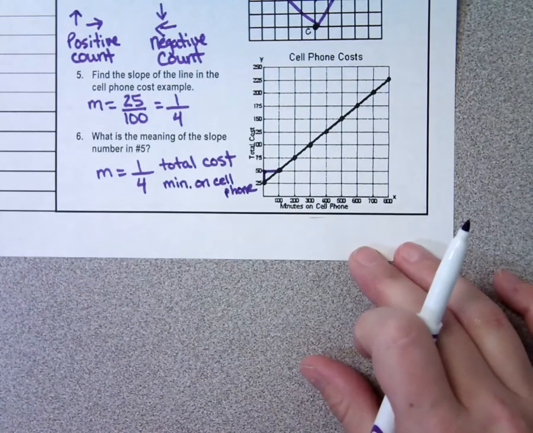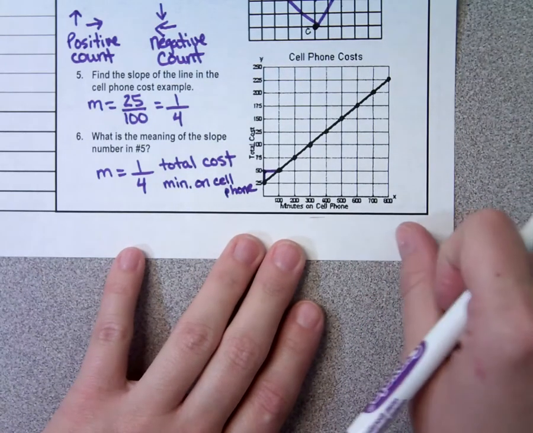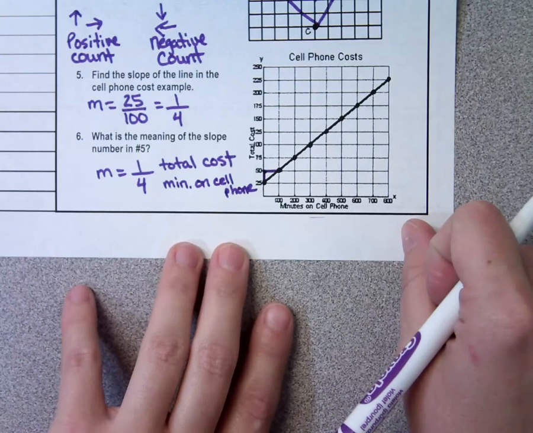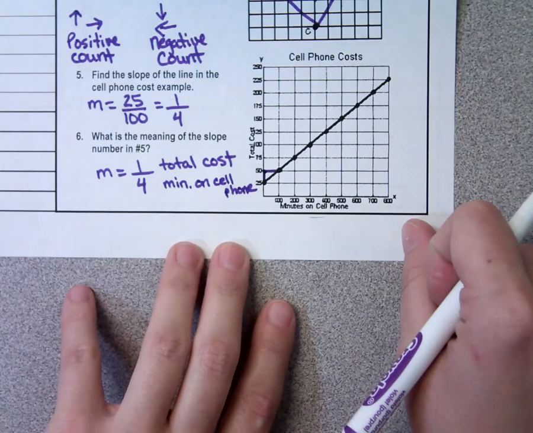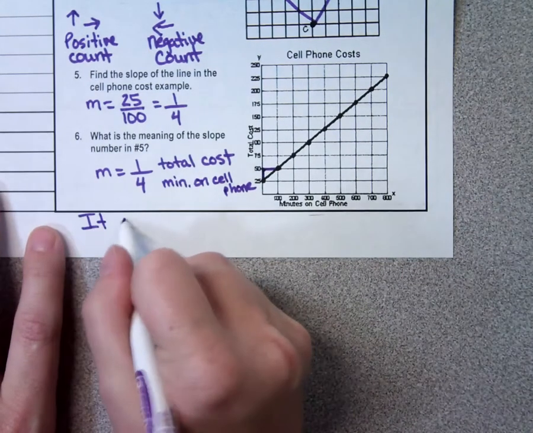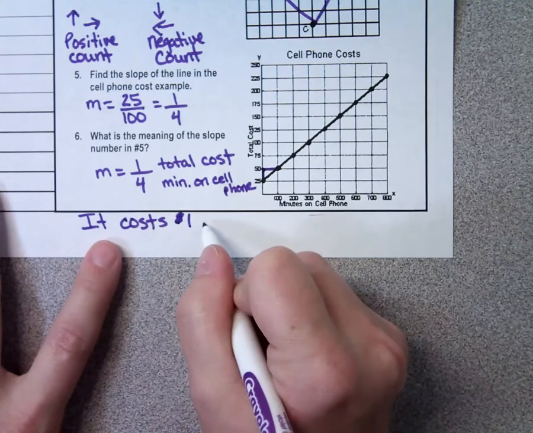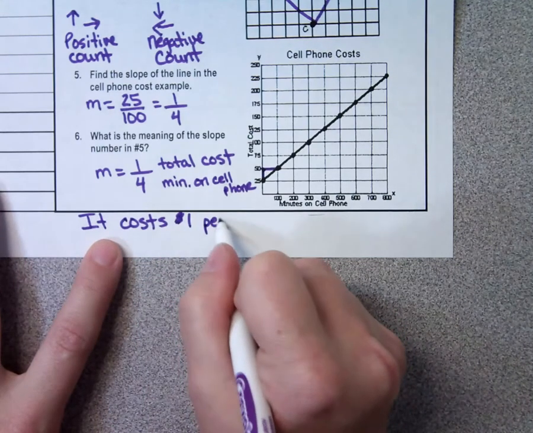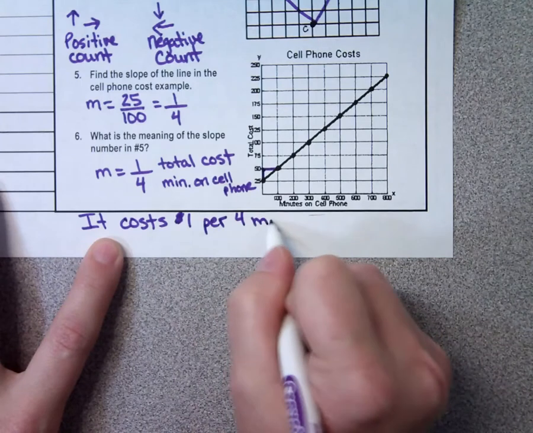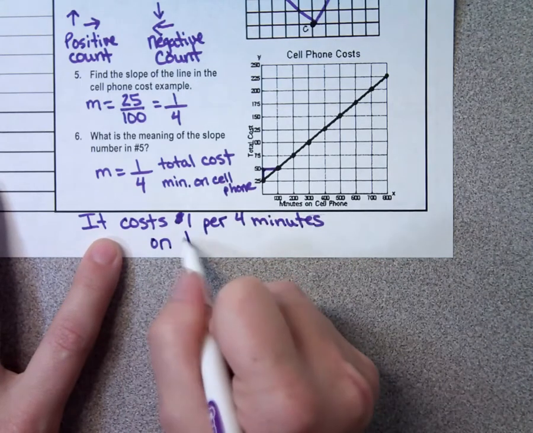So let's try to put this in a sentence. 1's the cost, 4 is the minutes on cell phone. So what might you say there? It costs $1 for every 4 minutes on the cell phone. So it costs $1, and I can say per 4 minutes on the cell phone.